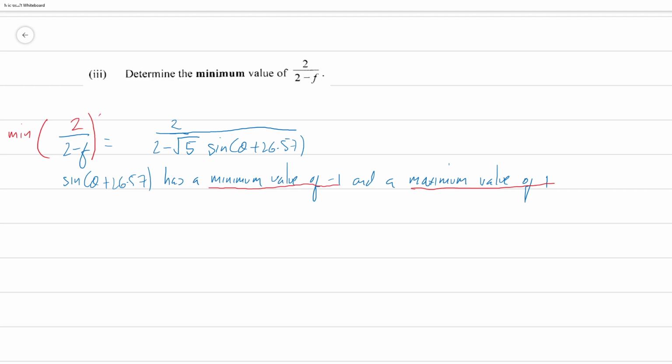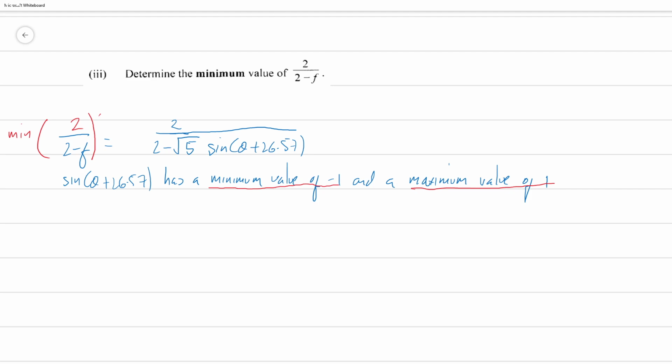So if I want the minimum of this function, that means that I want my denominator to be the largest it could be, or I want my denominator to be a large number in order to get the minimum.